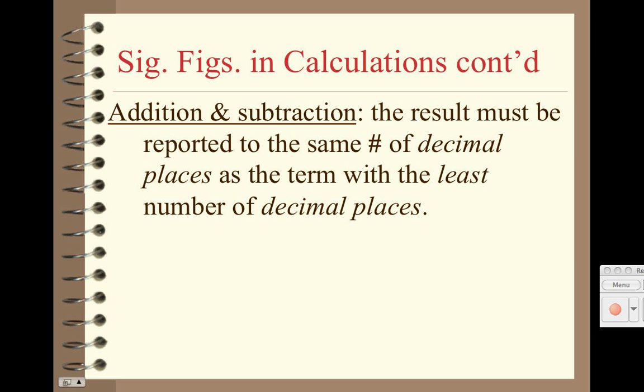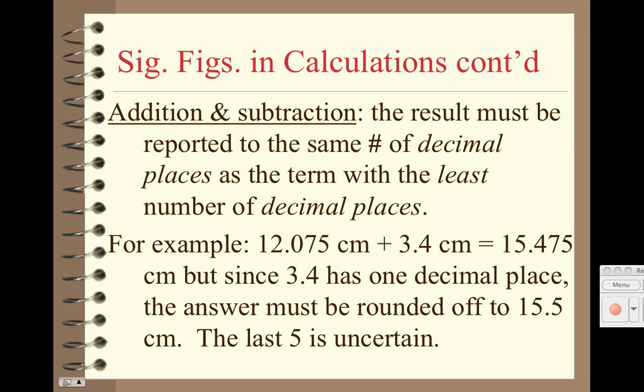Okay, let's take a look now at the rule for addition and subtraction, because it's a little bit different than the rule for multiplication and division. So in addition and subtraction, the resulting answer must be reported to the same number of decimal places as the term with the least number of decimal places to get one unknown value in our significant figure.